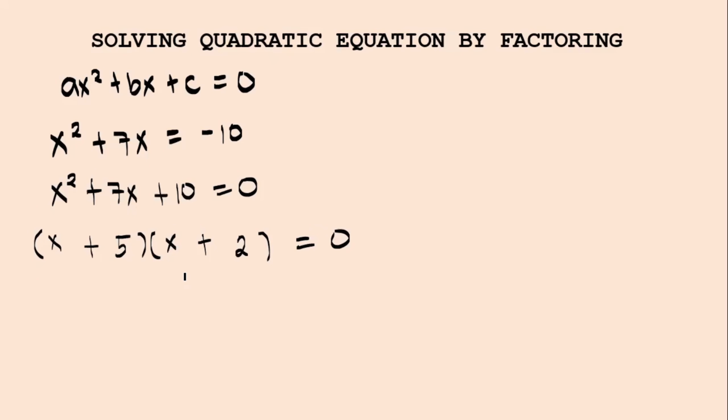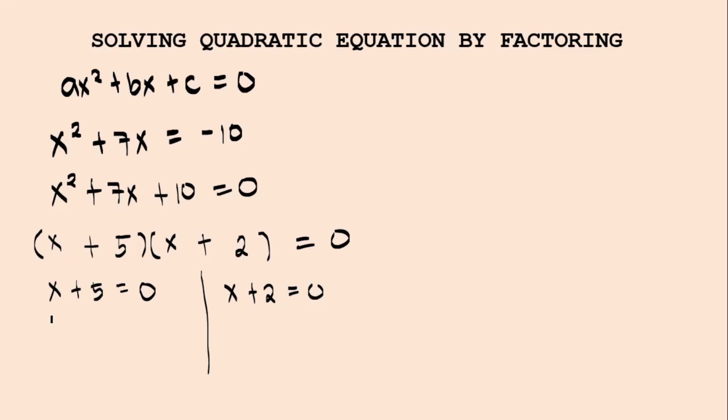So, the factors of x squared plus 7x plus 10 are x plus 5 and x plus 2. So, once na factor na natin yung trinomial, equate lang natin yung bawat isang factor sa 0. Okay? Equate lang natin sa x plus 5 into 0 and yung isa din, x plus 2 equal to 0.